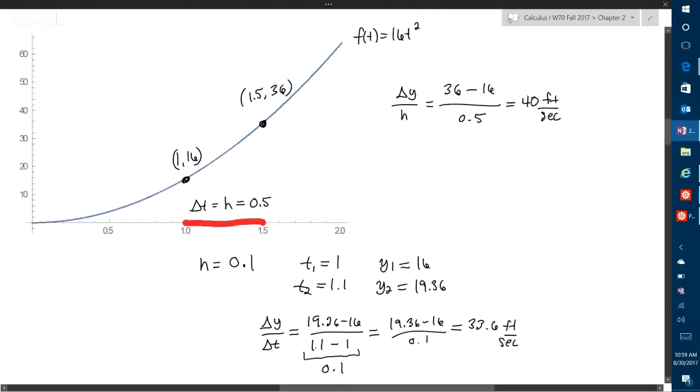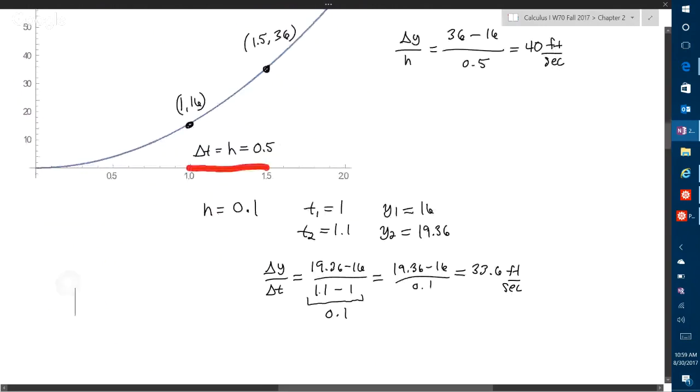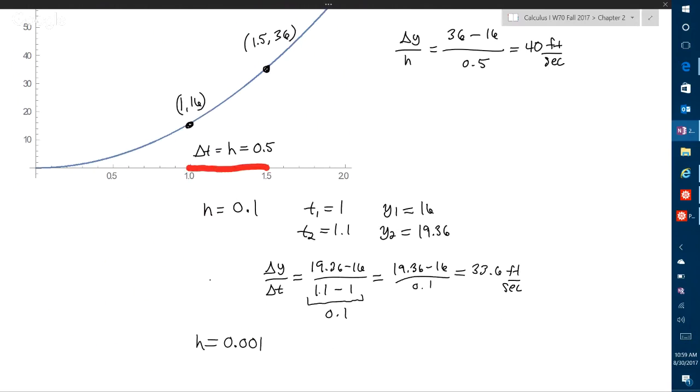All right, so we did this for h is equal to 1, 0.5, 0.1. Where should we go from here? If you want to go even smaller, what would you want to use for h? 0.001? Right? So that's the idea. You keep getting smaller and smaller and smaller. All right, so you've seen me do this a few times. Take it over.